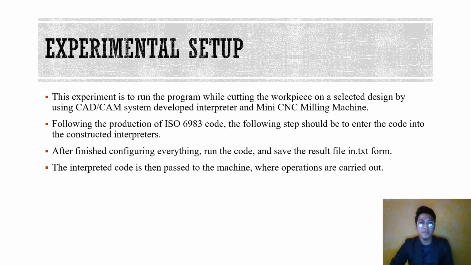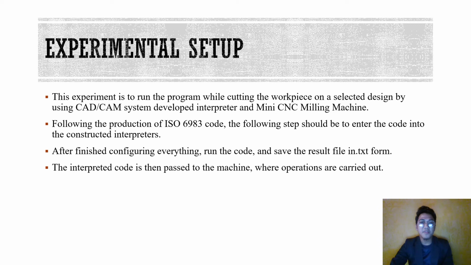Experimental setup. First, this experiment is to run the program while cutting the workpiece on a selected design by using a CAD or CAM system, the developed interpreter, and a mini CNC milling machine. Second, following the production of ISO 6983 codes, the next step is to enter the code into the constructed interpreter.